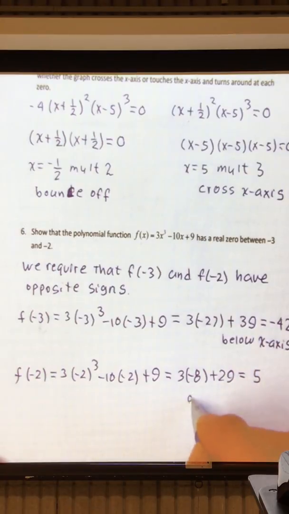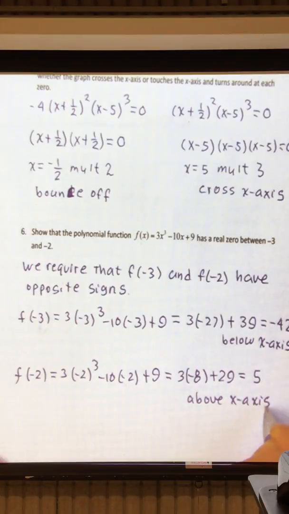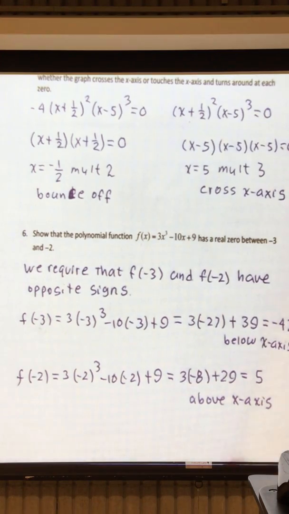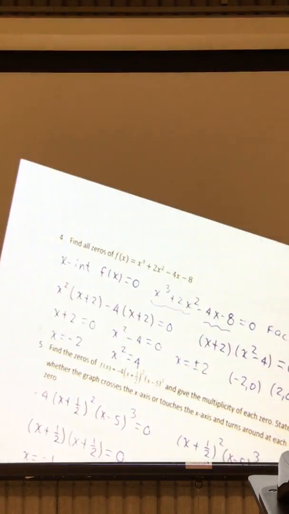Positive number, so that is above the x-axis. And again, since a polynomial graph is continuous, it must cross the x-axis between the values of -3 and -2 for x.